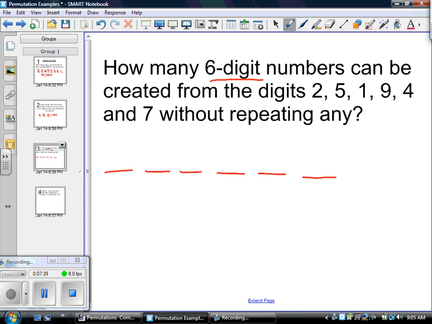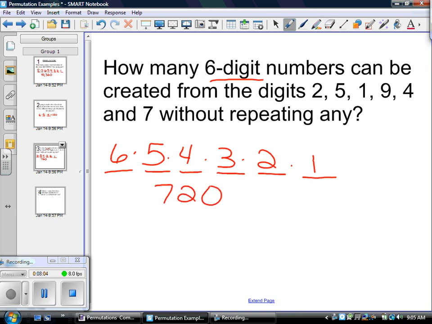We have the numbers 2, 5, 1, 9, 4, and 7. So we have 6 numbers we want to place within these, and we're not allowing for repeating. So in the first position, we have 6 potential numbers we could place. We're not allowing for repeating, so now that's going to decrease by 1 each time. And so our answer would be 720.